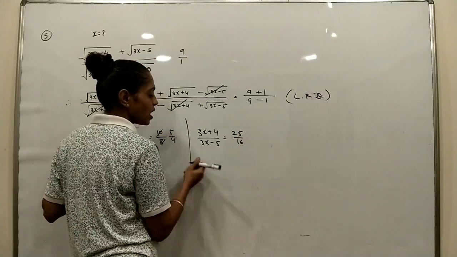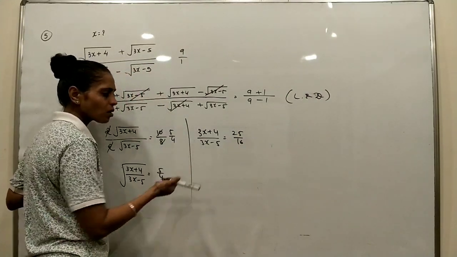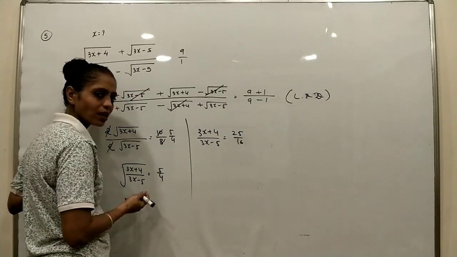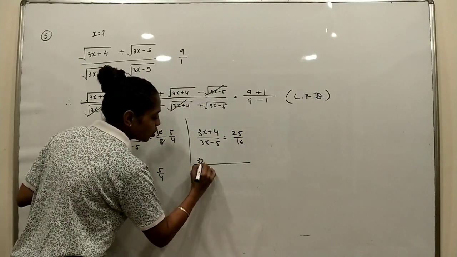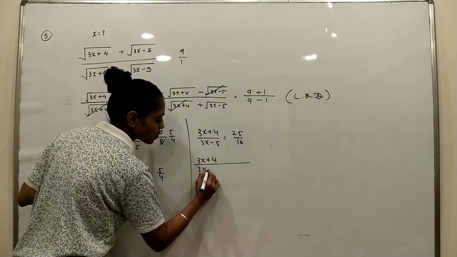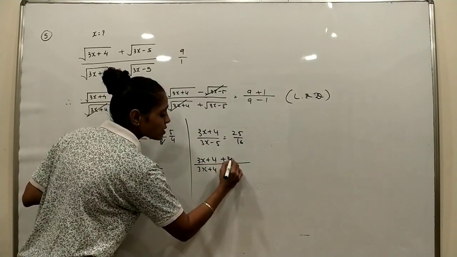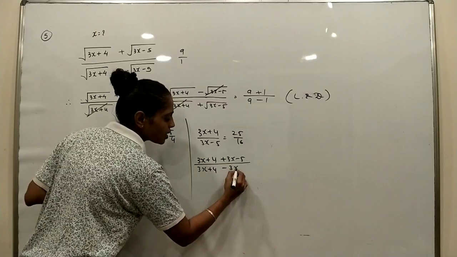25 upon 16. Again 3x is the same, so we can go by the cross multiplication method, or another easy way, componendo dividendo again. Numerator plus denominator over numerator minus denominator.